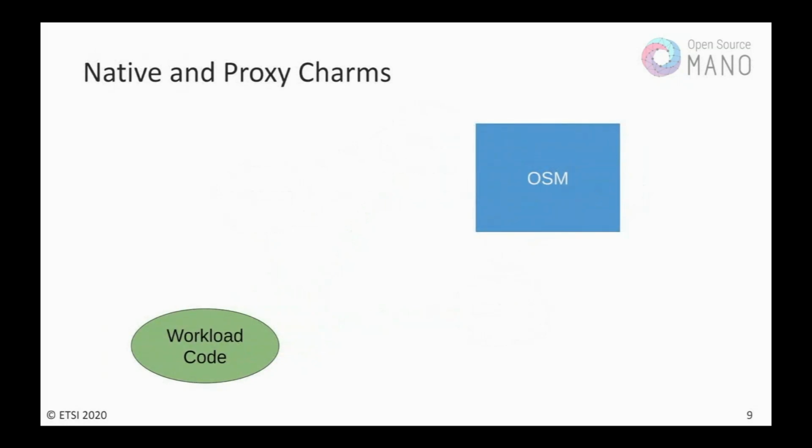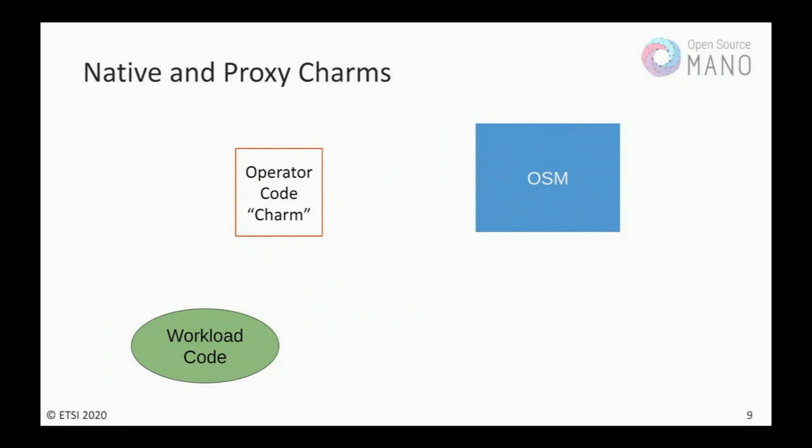Okay, so as we showed in the first slide, we have OSM and the workload, and there's this third part that is the operator code, the charm, which manages the actions and the operations on the workload.